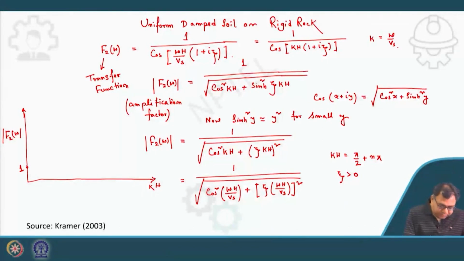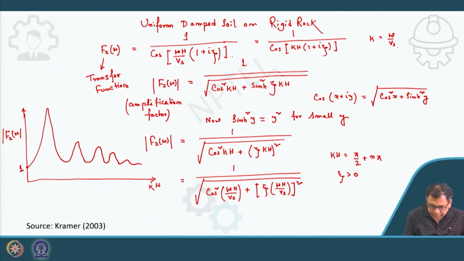So, the trend will be something like that, and then it will start decreasing like this. This is for any damping ratio, say 5% or any damping ratio you can consider. So, it will start decreasing as kh increases.